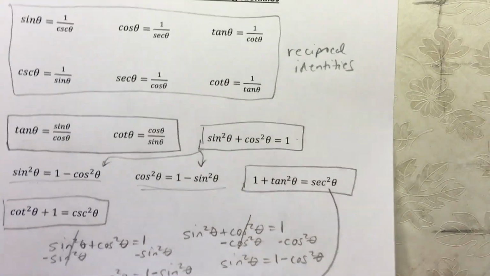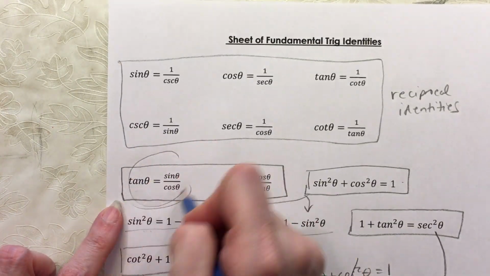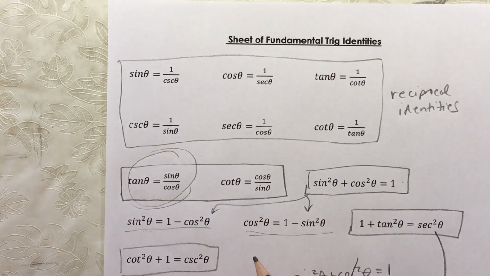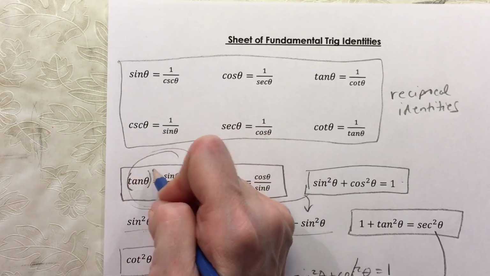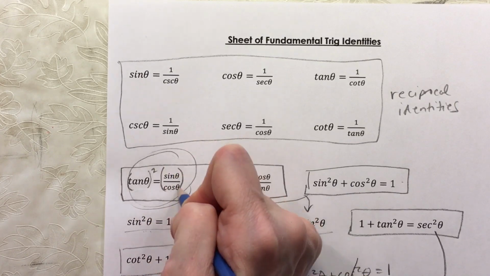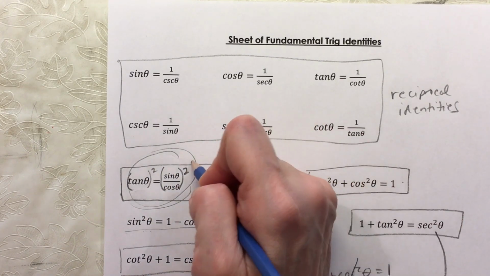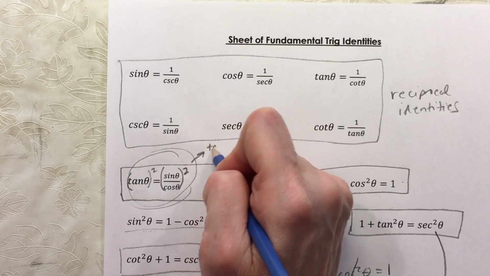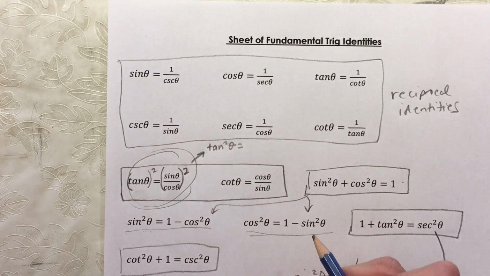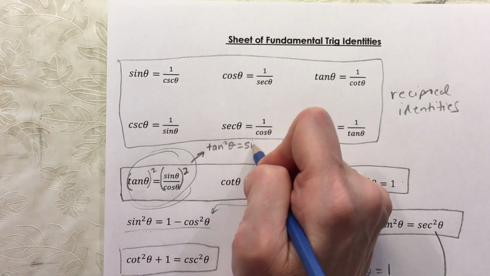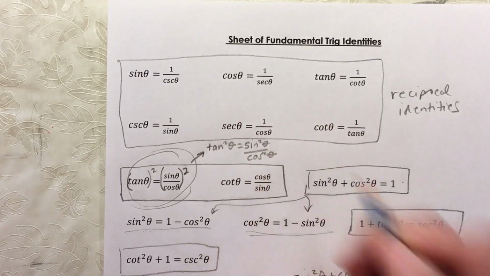Well, again, we've got this identity here. Tan is sine over cos. If we square this side, we should be able to square this side. So that should lead us to see that tan squared theta is equal to sine squared theta over cos squared theta.